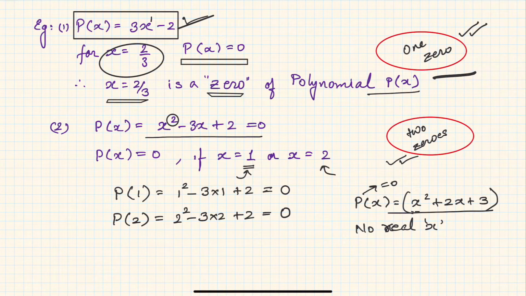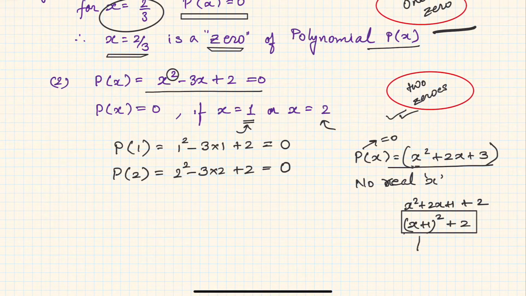You can see the proof later on, and if you really see, it is nothing but x square plus 2x plus 1 plus 2, which is nothing but (x plus 1) whole square plus 2. Now this quantity can never be 0. Why? Because this is a square term, and the minimum possible value of a square is 0.